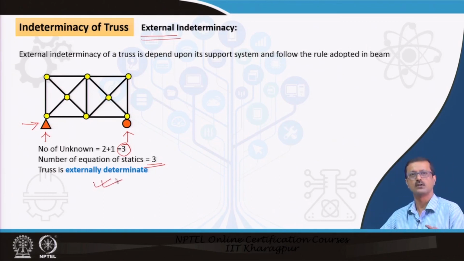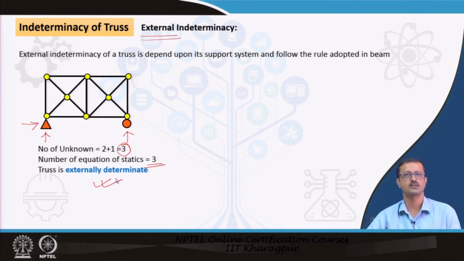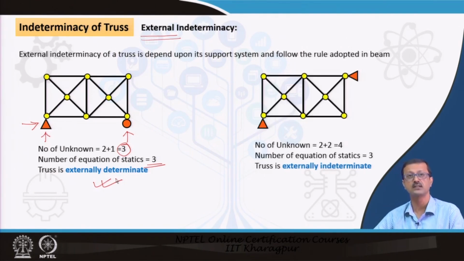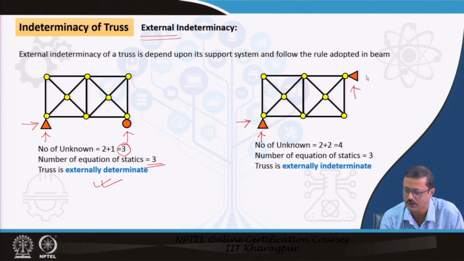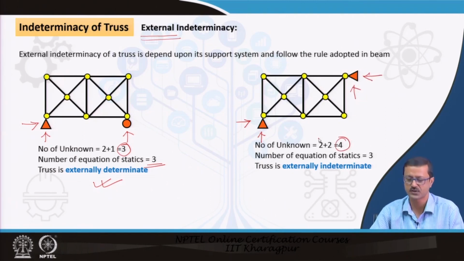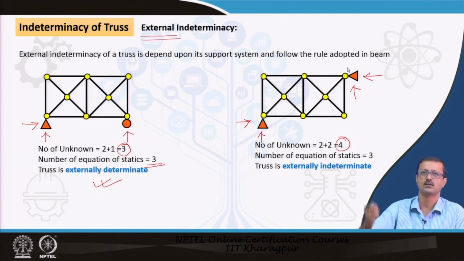With the help of the equilibrium equations, we can easily solve these 3 unknowns. But if it is something like this, with 2 supports, both hinges, this will give you reactions like this, and this will give reactions like this. So there are 4 unknown reactions, because I have changed one roller to a hinge support.